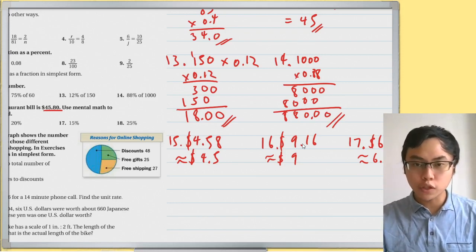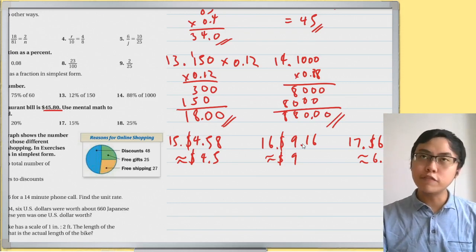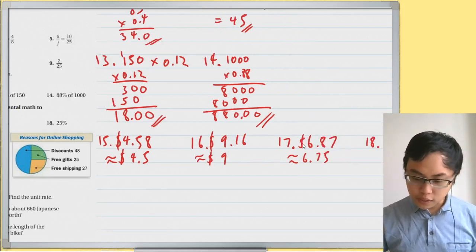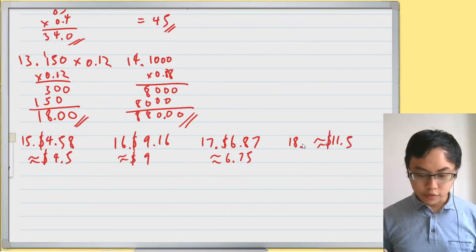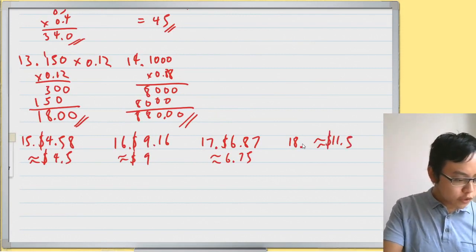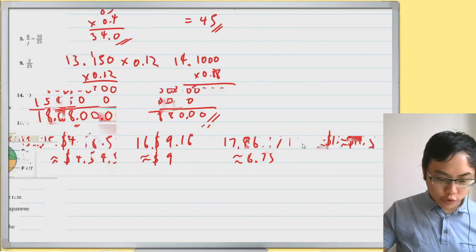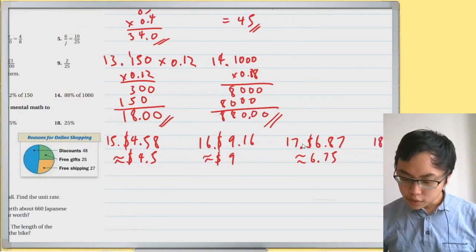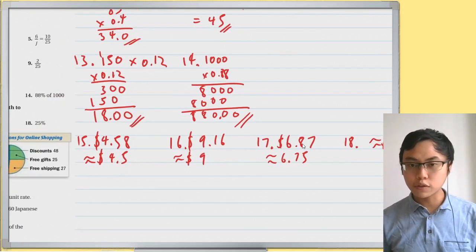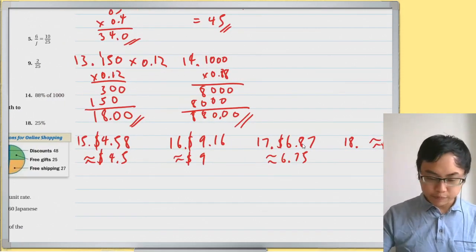Half of $23 will be $11.50. So let's just say that's approximately $11.50. So that's going to be 25%. Let's just make sure 0.25 times $45.80. That's close to $11.50. The actual amount is $11.45.